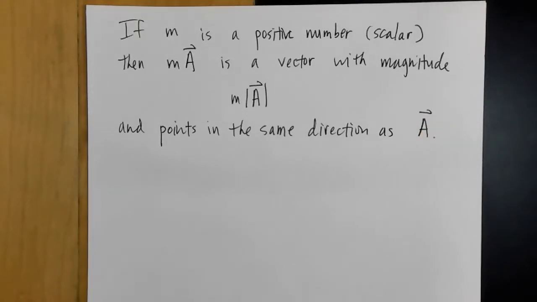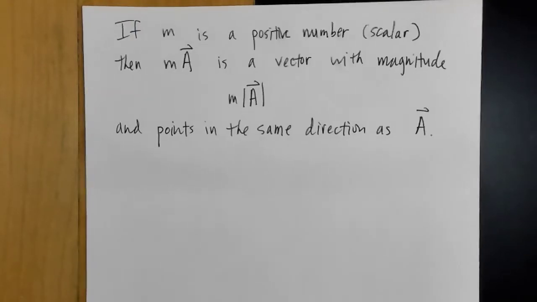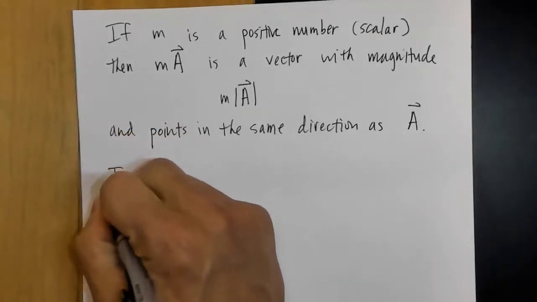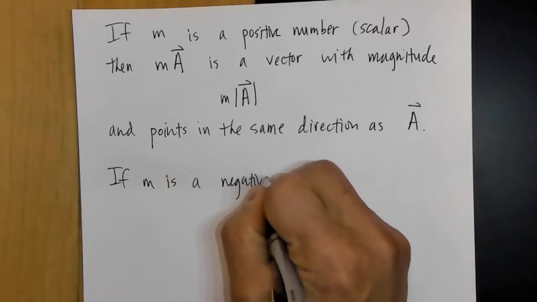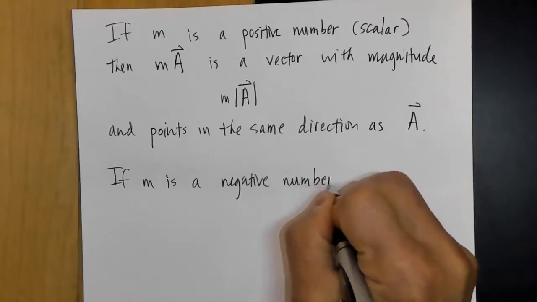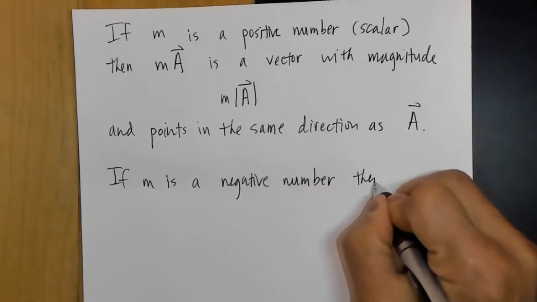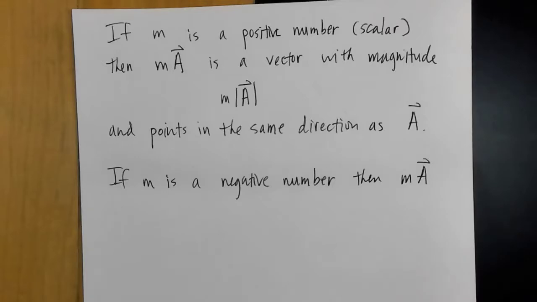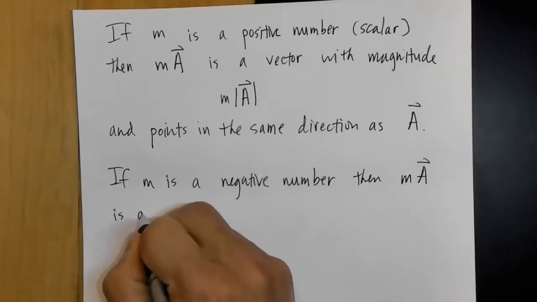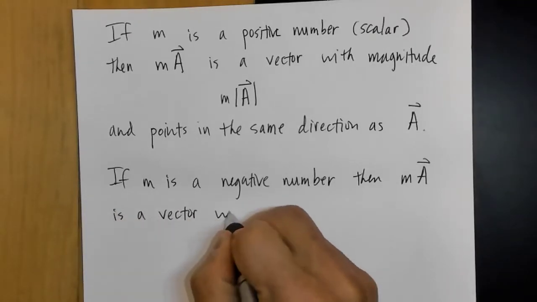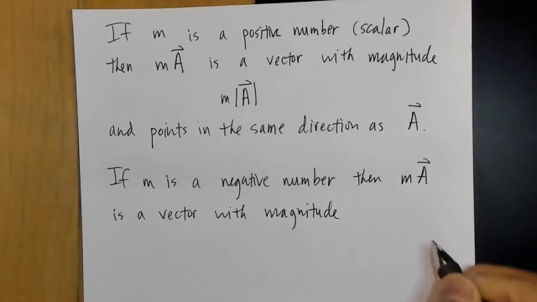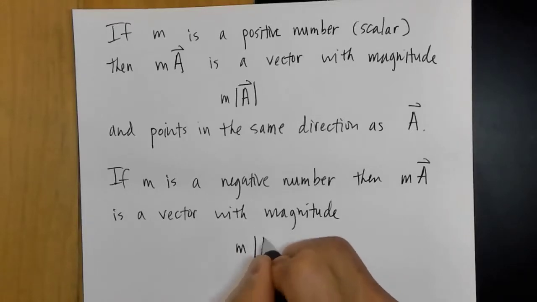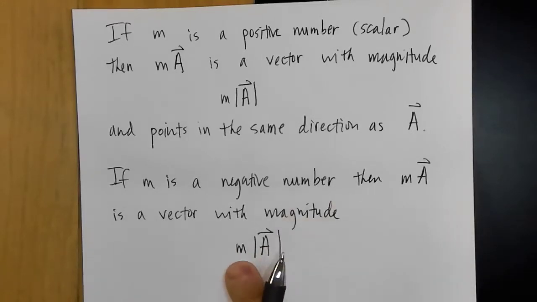Okay, while I'm talking about positive numbers, let's also talk about negative numbers. If m is a negative number, then m times A is a vector with magnitude. Well, I can't just say m times A, because if m is negative, then I will get a negative number for my magnitude.